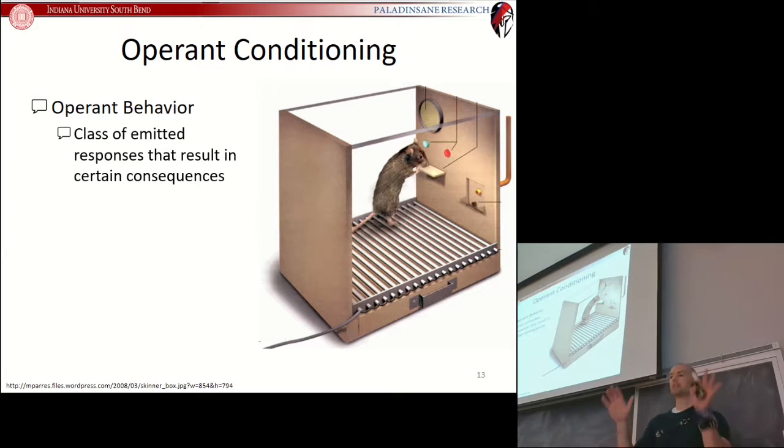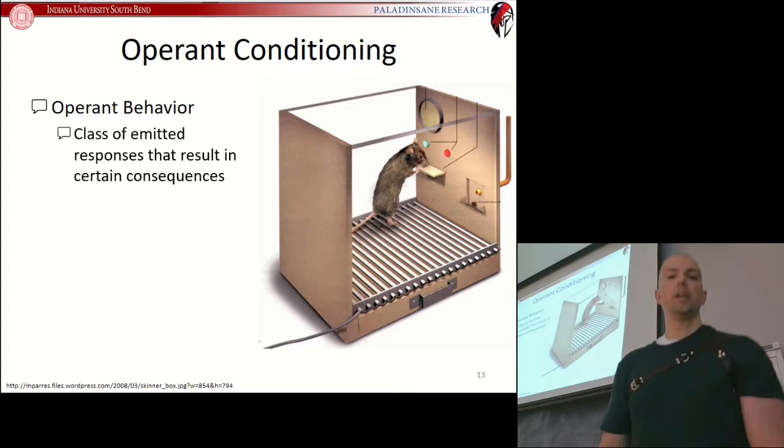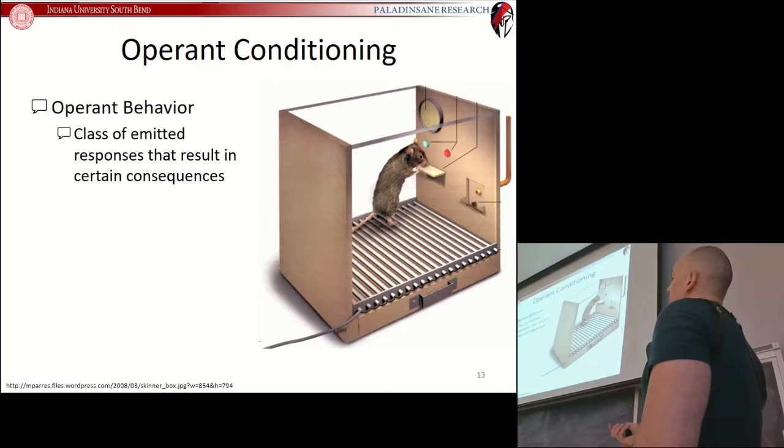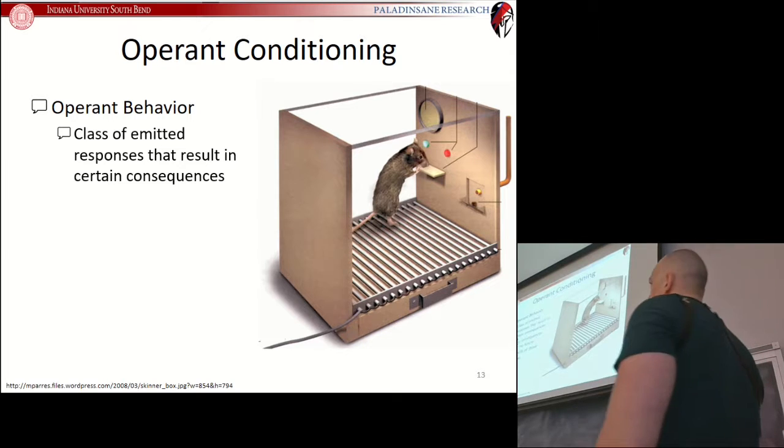So for example, when Sniffy is bar pressing, Sniffy can bar press with his front two legs, with his face, or with his butt. As long as the bar press occurs, that leads to certain consequences. So oftentimes a bunch of different behaviors, a class of behaviors, can result in certain consequences.